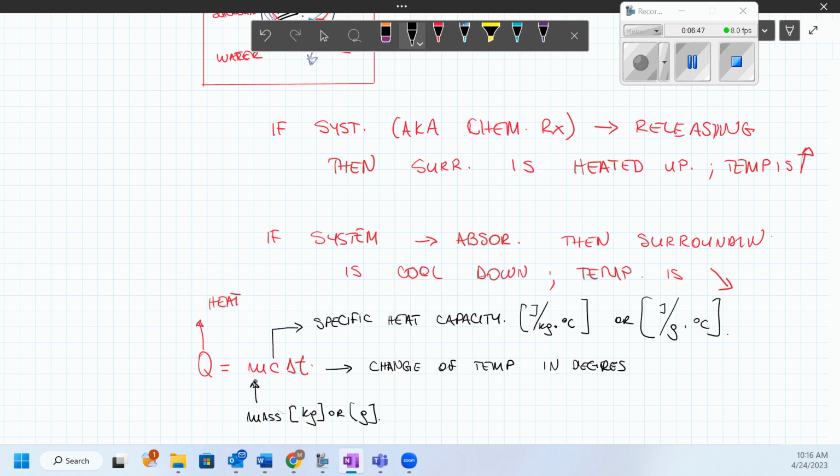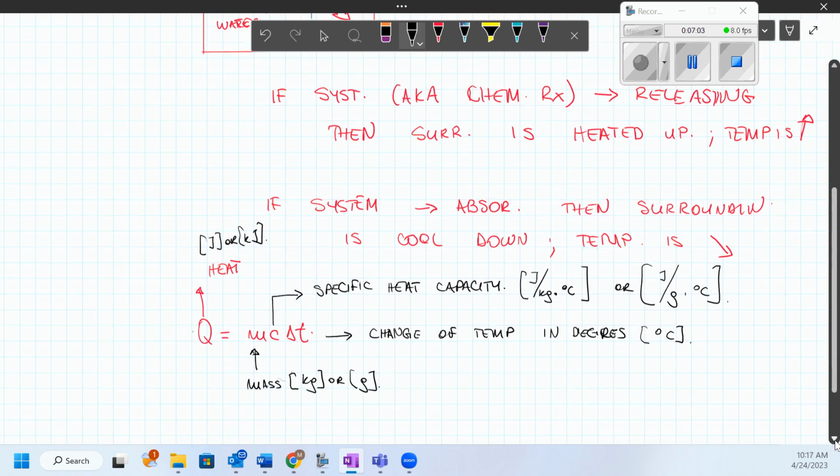And for the change of temperature, the units are degrees Celsius, leaving us the heat in joules or sometimes kilojoules.